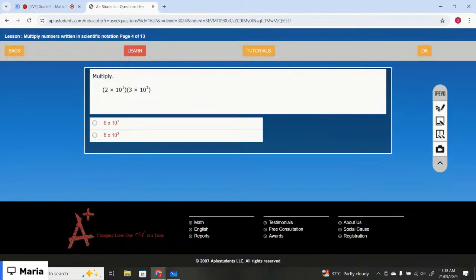Two times 10 exponent 1 and 3 times 10 exponent 2. So which is the correct option?